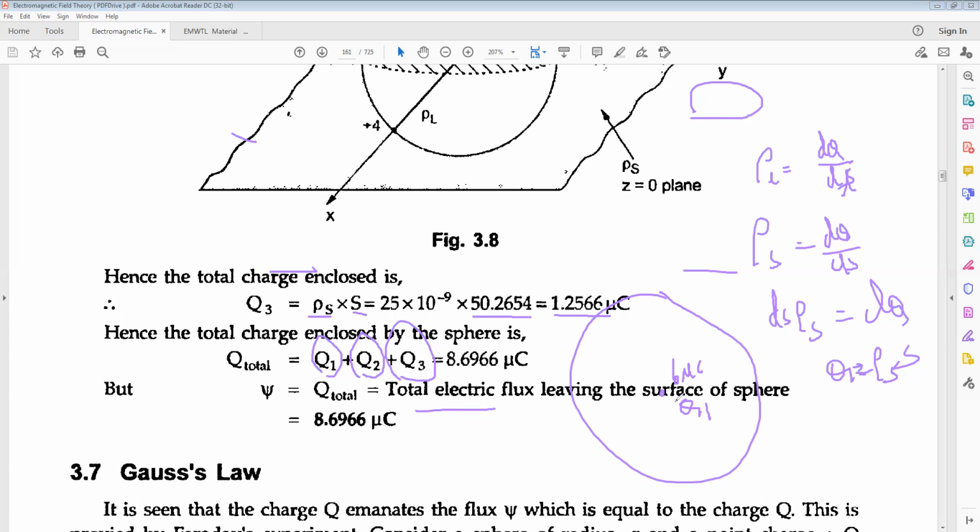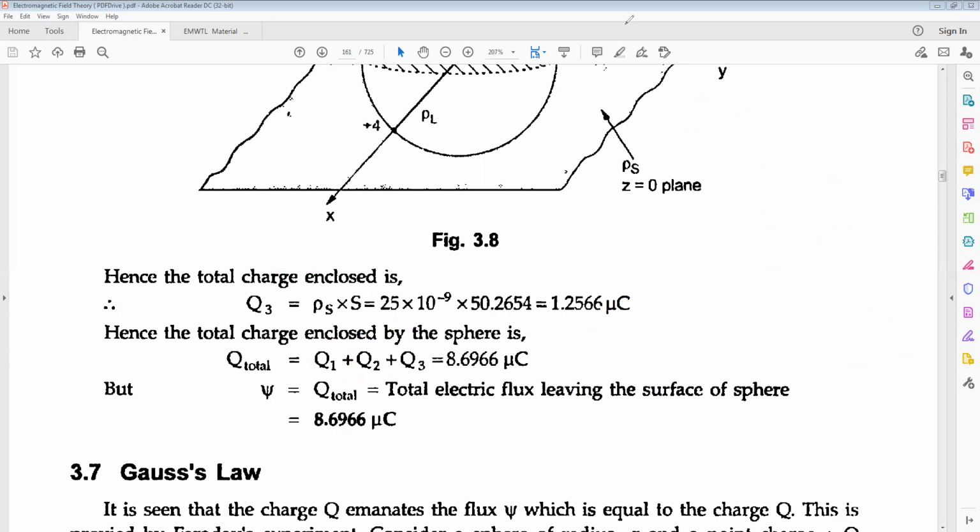The total electric flux leaving the surface of the sphere, inside the surface and outside the surface, leaving the surface, both are the same. When you use Gauss law, the D bar dot ds bar is equal to Q, which is equal to psi. Understood? That is the Gauss law we are saying. Got it, my students? And let us go for the next example.